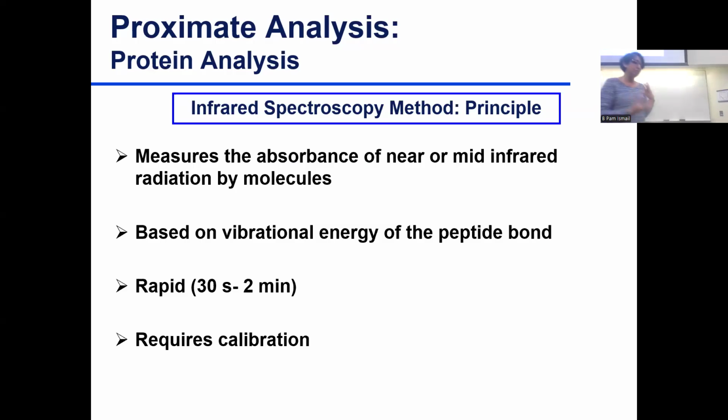So they would run Kjeldahl or Dumas infrequently and then calibrate their IR instrument so that they can analyze samples more quickly. IR radiation is based on vibration energy, and specifically the peptide bonds for proteins. It's very rapid once it's calibrated, and can run multiple samples with minimal sample preparation.